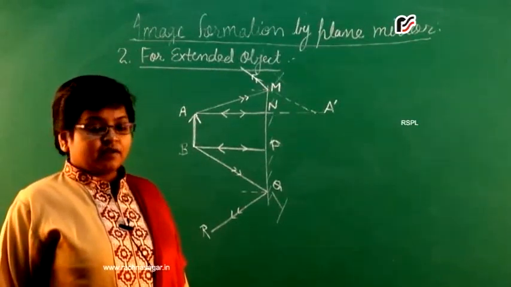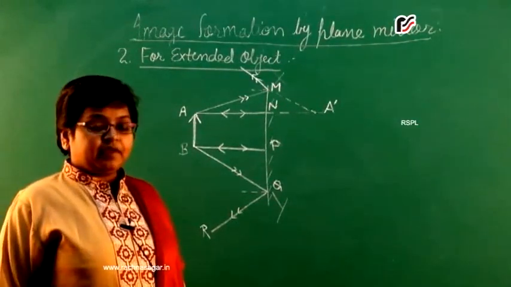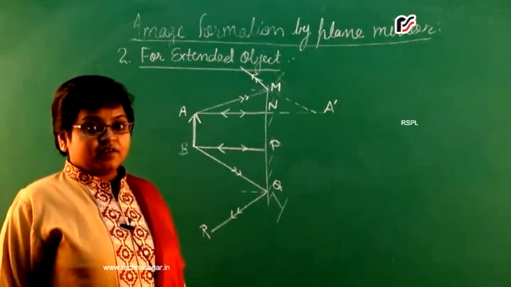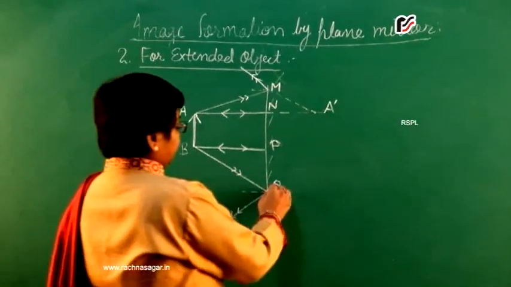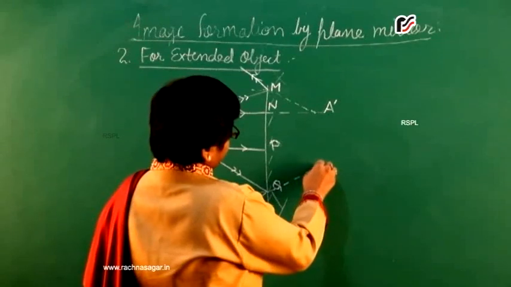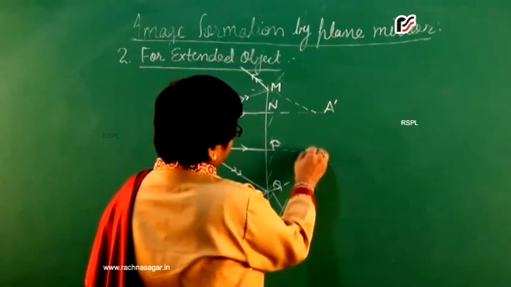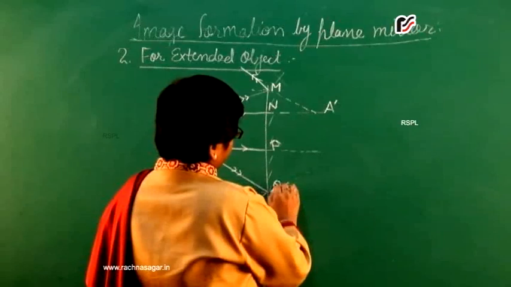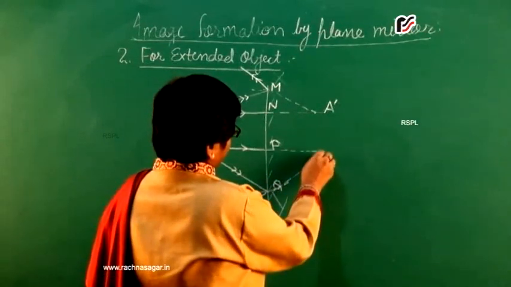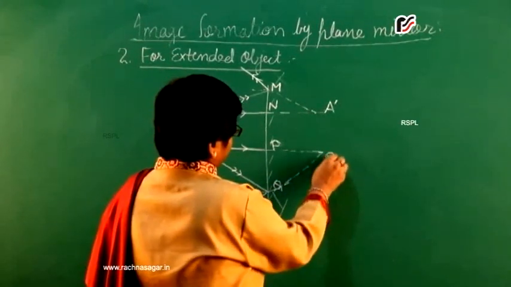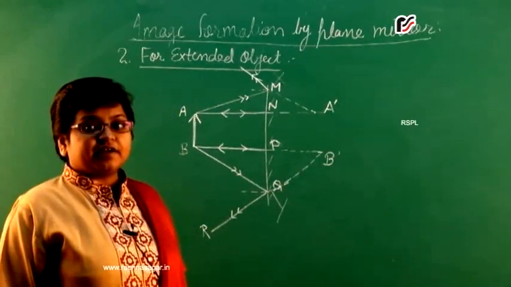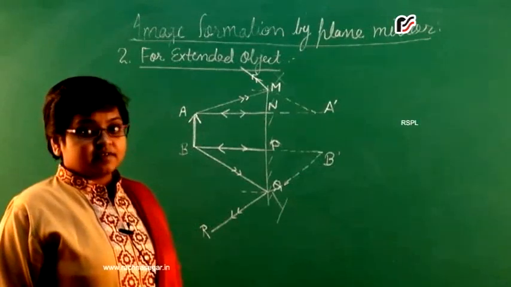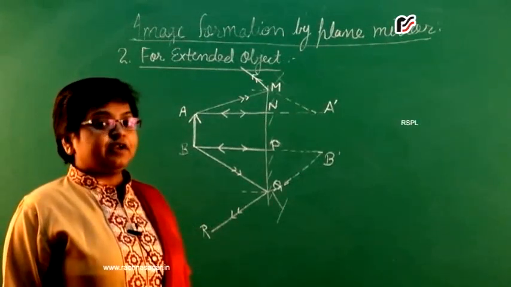Here QR and PB never intersect on the same side of the object. Again we produce them in the back of the mirror. They both intersect at point B dash. That is, B dash is the image of point B.